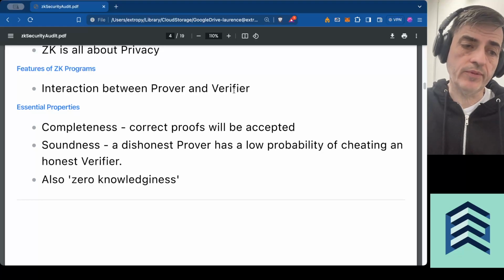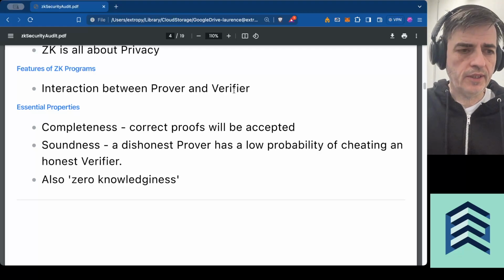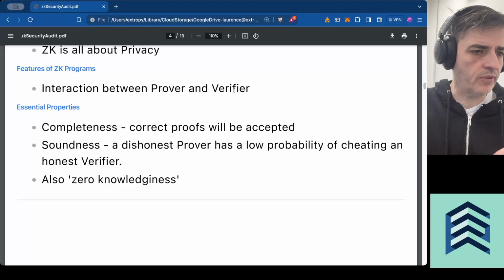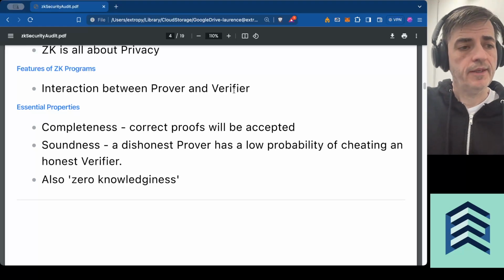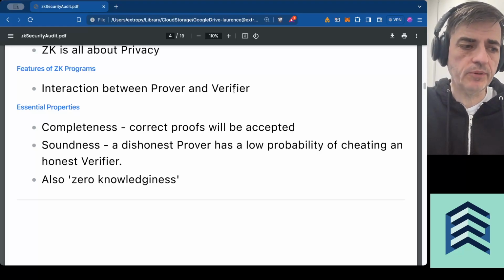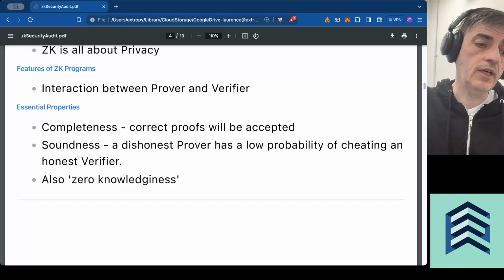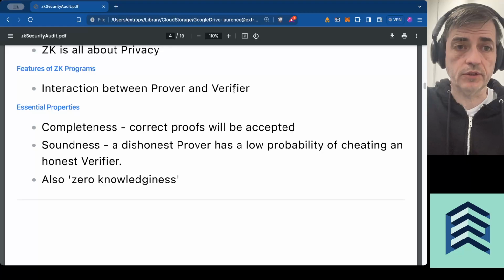So there's a process that we go through, and we check the claim in a certain way and do a number of transformations, which ends up producing a proof. That proof is sent to the verifier, and the verifier then should be able to make a decision as to whether that proof is correct or not.